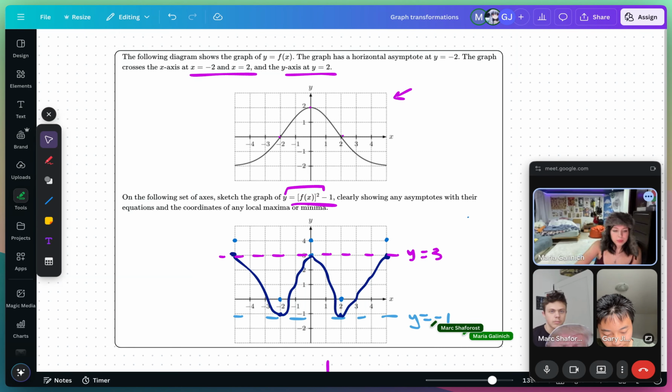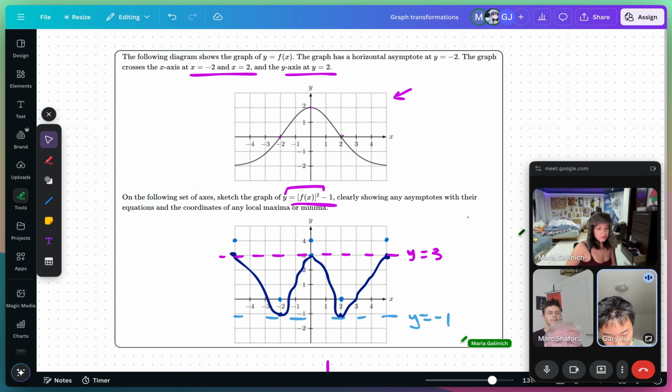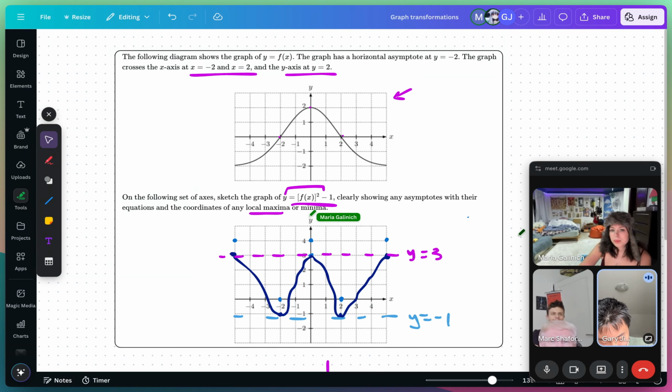And I will just write down the points of intersection with the axes. So this will be 0, 3, and the 2 local minimum points are 2, 0.